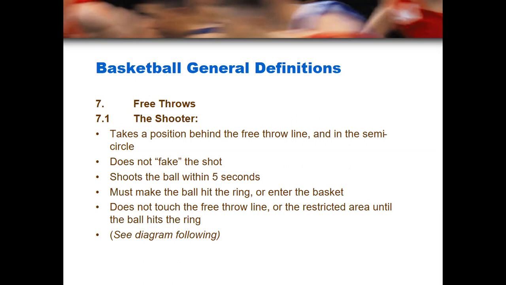Must make the ball hit the ring or enter the basket, and does not touch the free throw line or the restricted area until the ball hits the ring. Okay, so you need to make sure that you do all of those things. Taking the shot within 5 seconds is very important, and only after contact of the ball with the ring or the backboard is the shooter allowed to actually move into what we call the key.